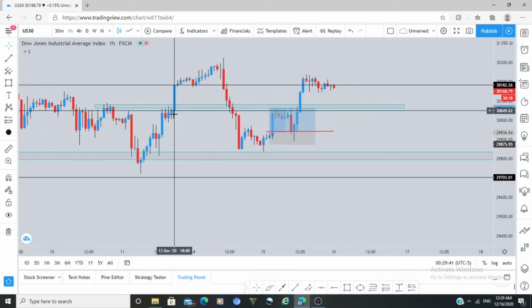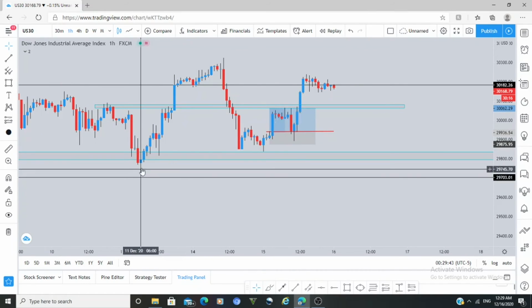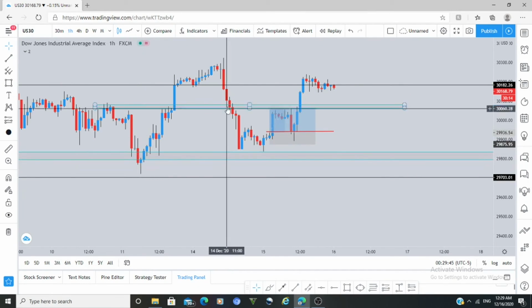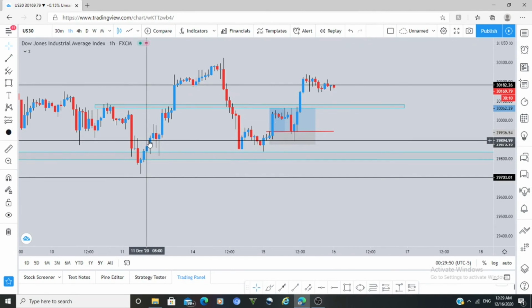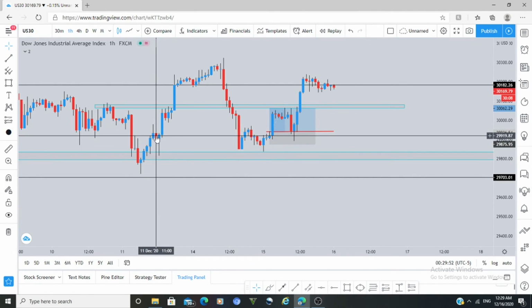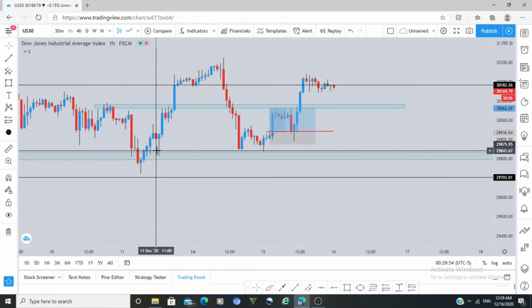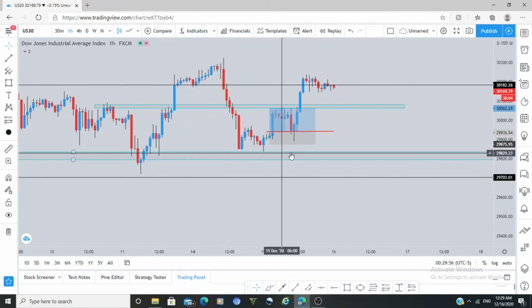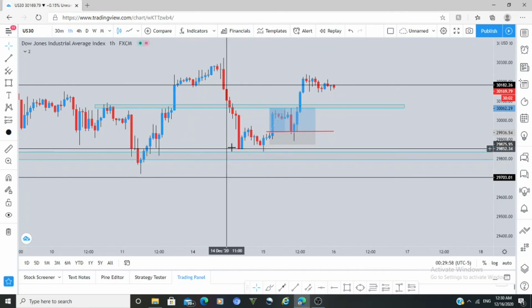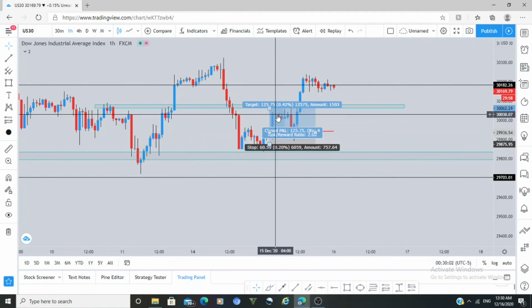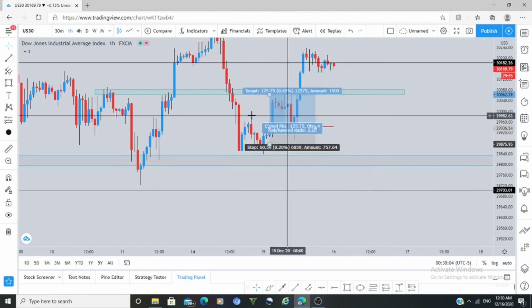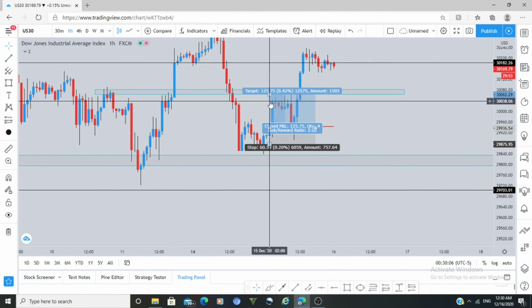As you guys know, psychological levels are levels I consider price not breaking, or levels that price rejects, or levels price reacts on. So after I see that these psychological levels weren't broken, then I was looking for positions, and we were successful enough to get in this trade.